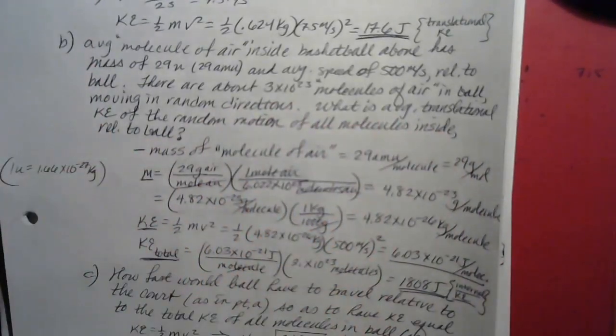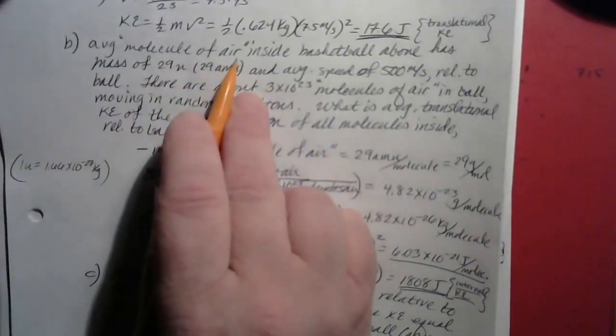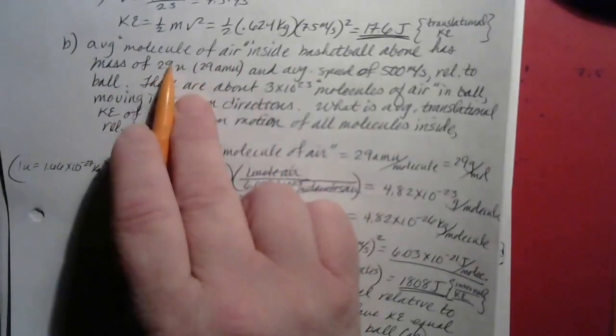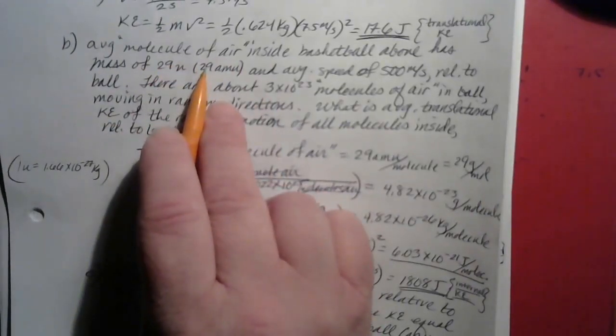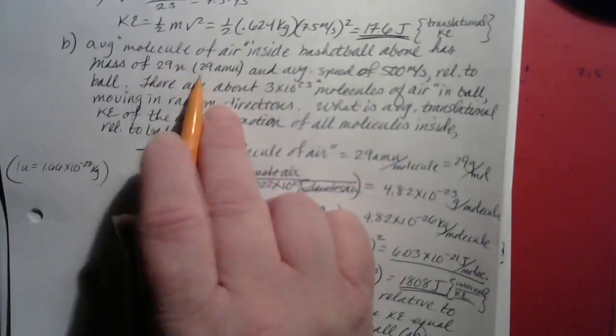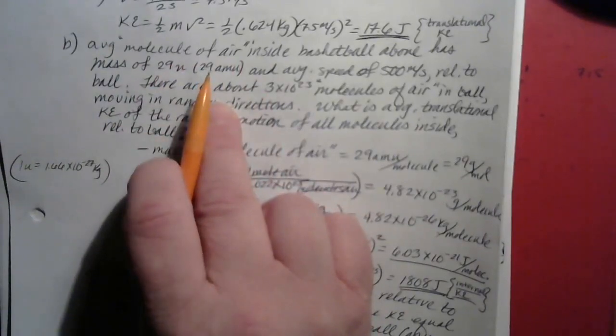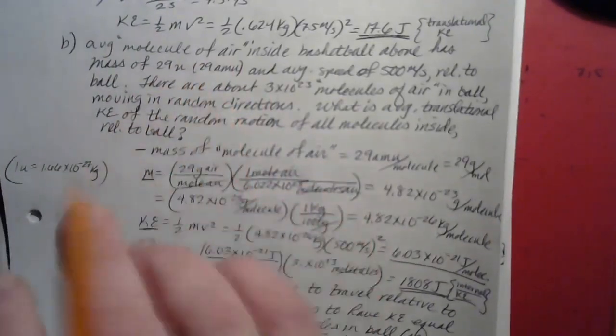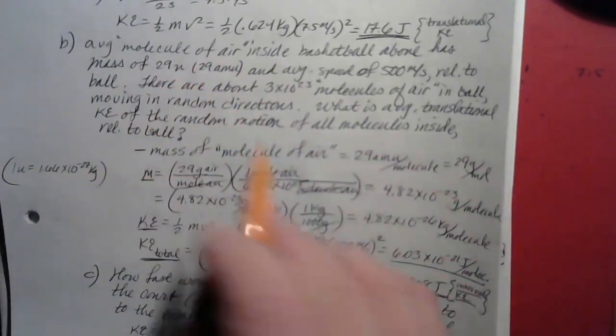So an average molecule of air just means a molecule with a weighted average mass of nitrogen and oxygen and carbon dioxide and water vapor, weighted for the percentages that they make up in the air.